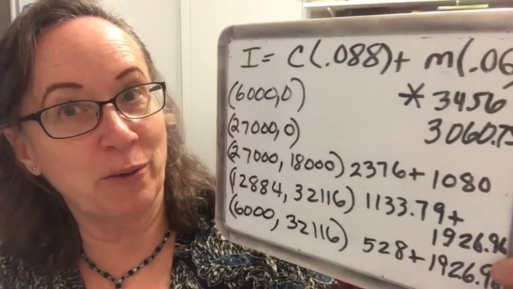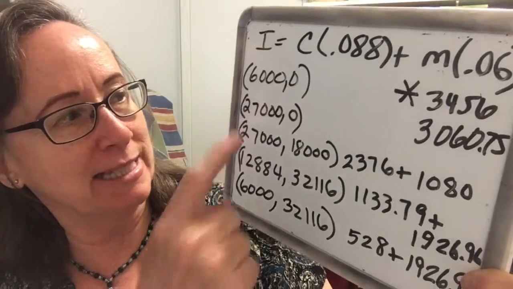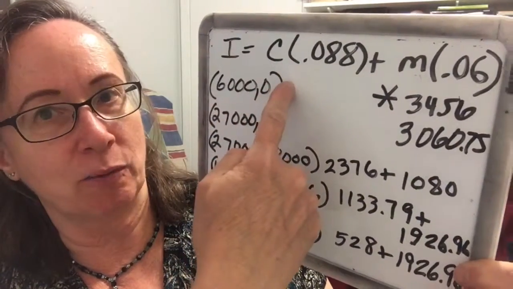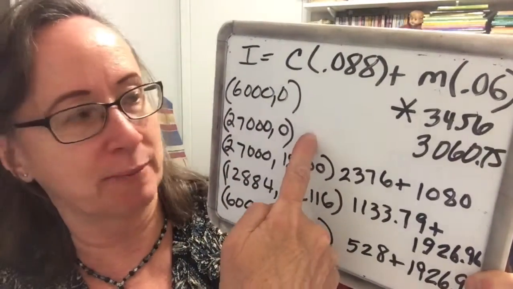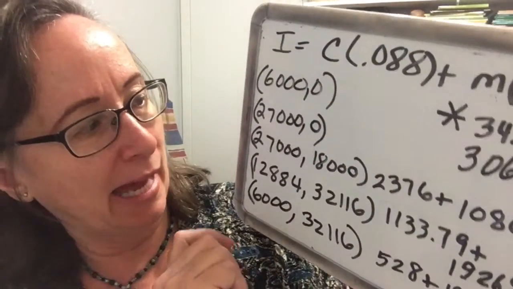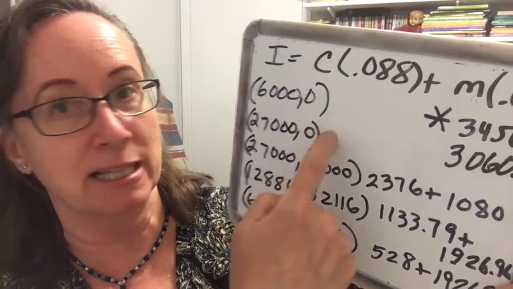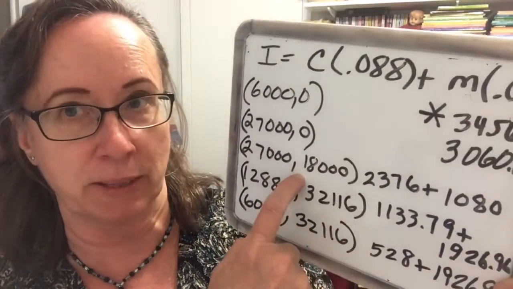All right, so the cool thing was I really didn't have to do 3 of these. I could see that this one was going to yield less than this one because they both had zeros on the end. So I didn't need to try that one. I could see that there was a 27,000 and 27,000, and this one was going to be smaller than this one.